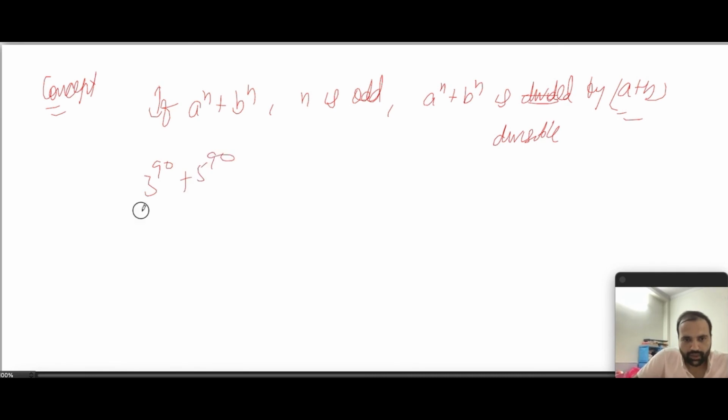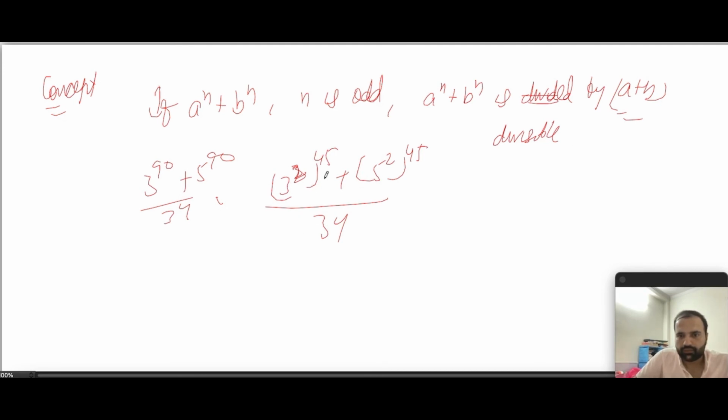What was the question? 3^90 plus 5^90 by 34. What we did was 9^45 plus 25^45 by 34. So now this would be entirely divisible, so we would have remainder equal to 0. Okay, so that's the concept.